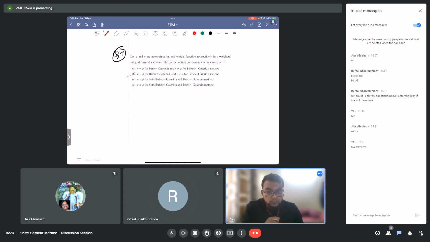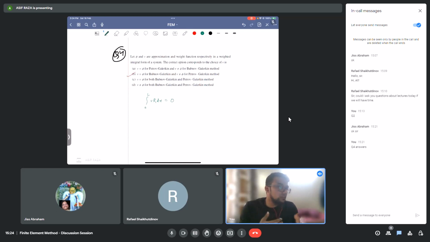Okay, yes, you are correct. Let me reiterate what you were trying to say. Normally, what the Galerkin method requires is that in the domain we orthogonalize in a weighted integral sense.